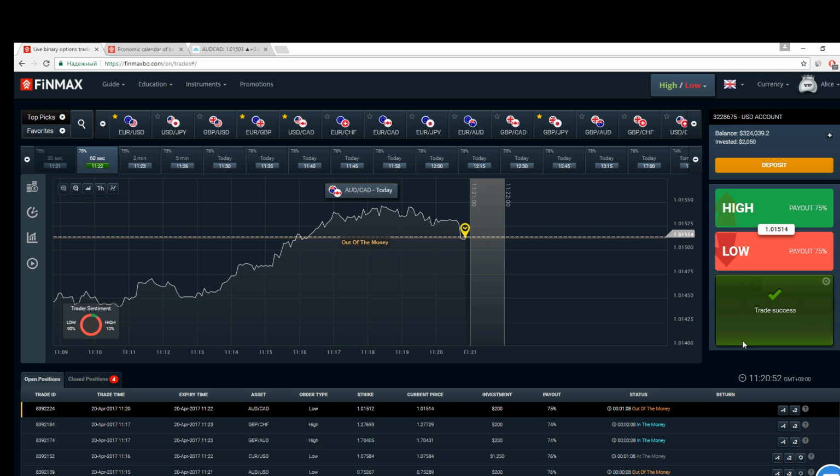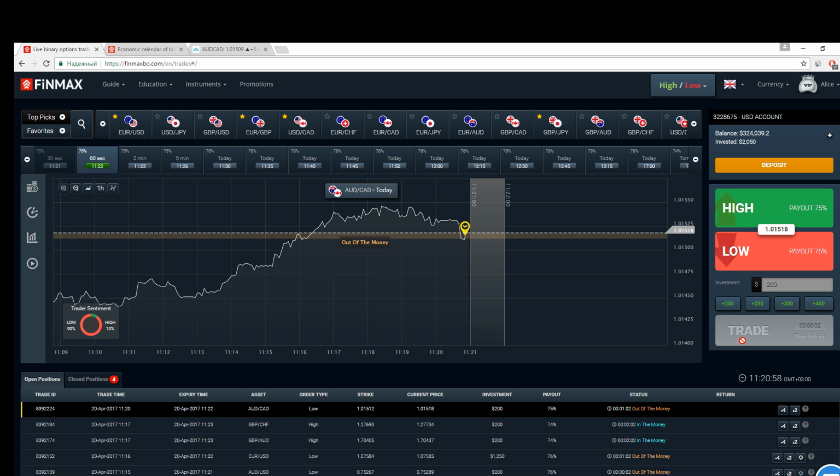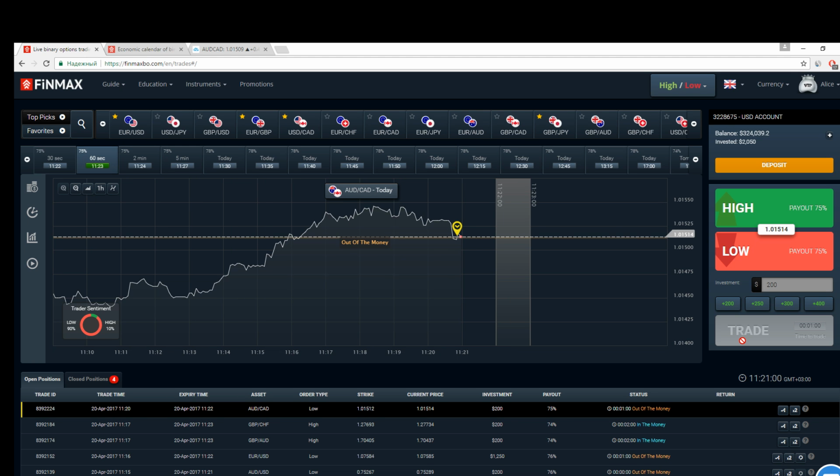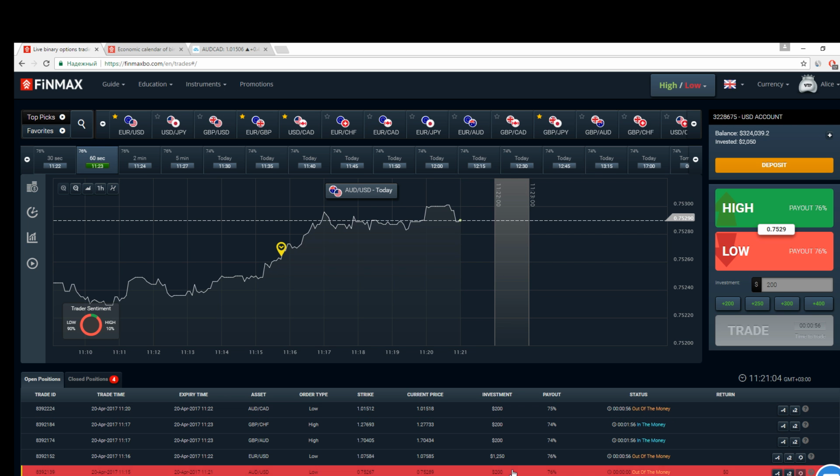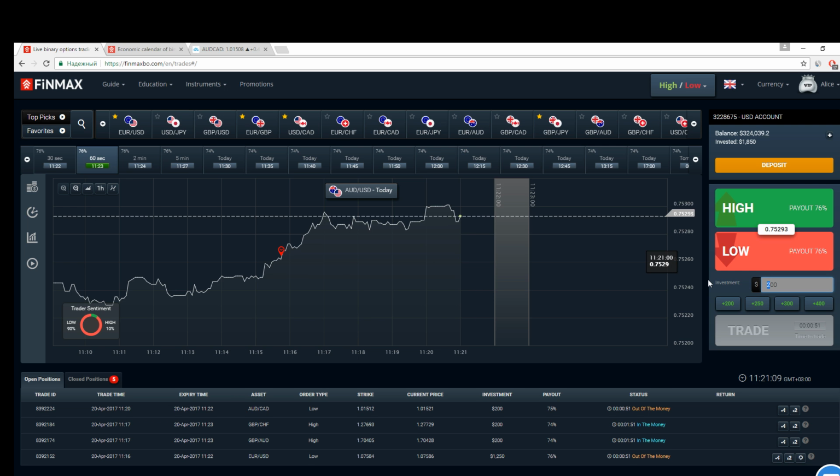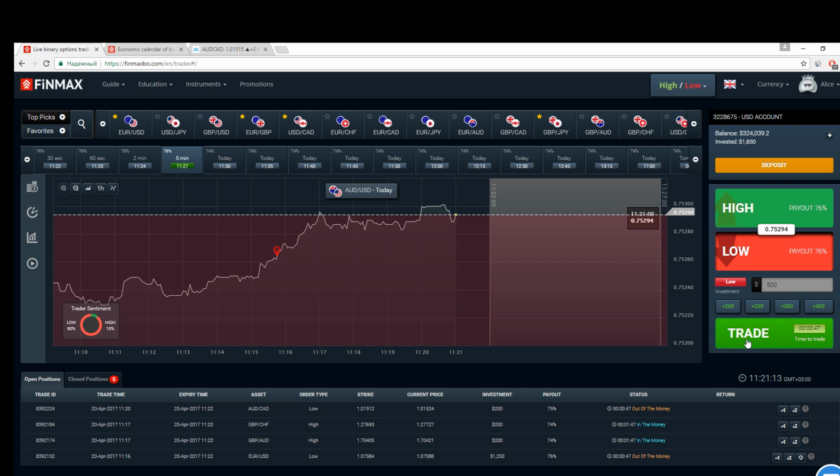Double check everything. Okay, this one expired, out of money. Australian to American, I will reopen for high, for low, sorry, for 5 minutes.